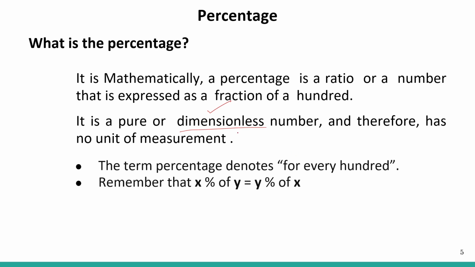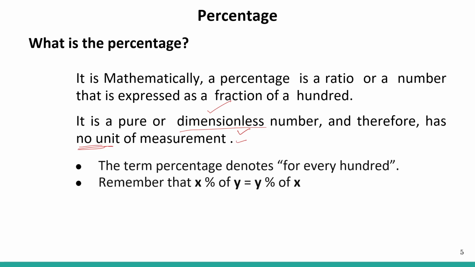So it is dimensionless, and therefore it has no unit of measurement. The term percentage denotes for every 100. Wherever you see percentage, since cent is there, it means for every 100. You put the whole as 100 and try to figure out the amount you have owned, how much it is out of 100.